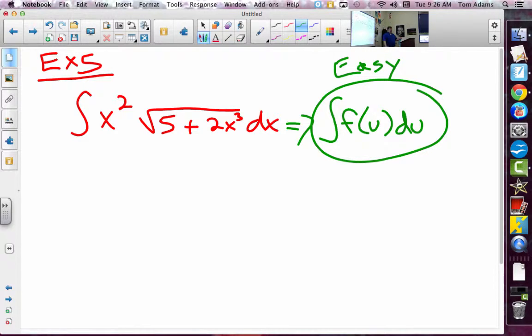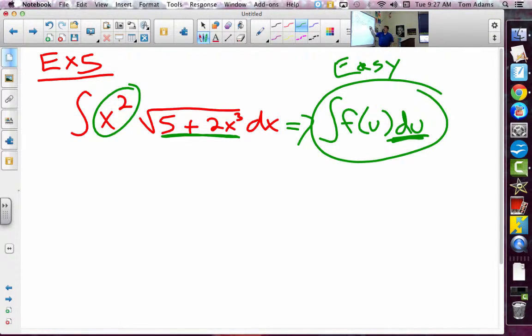So the whole process of u substitution is to pick an expression of x, set it equal to u, take the derivative of it, and it should eliminate the other x thing. So, watch carefully. I'm going to let u equal this stuff. When I let u equal that stuff, this right here will probably in some way, shape, or form become du.